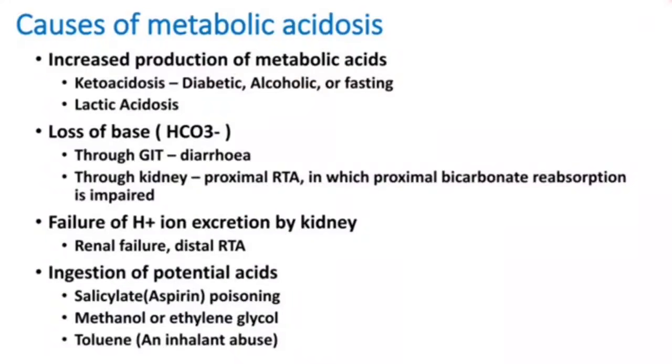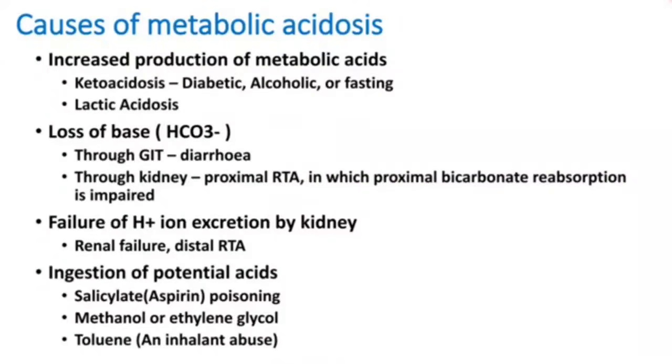Loss of bicarbonate can occur from the GI tract due to prolonged and severe diarrhea. It can occur through the kidneys: renal tubular acidosis, especially the proximal type, in which proximal bicarbonate reabsorption is defective. Failure of hydrogen ion excretion by the kidneys mainly occurs in renal failure and distal renal tubular acidosis.